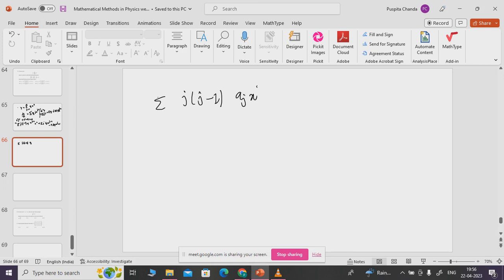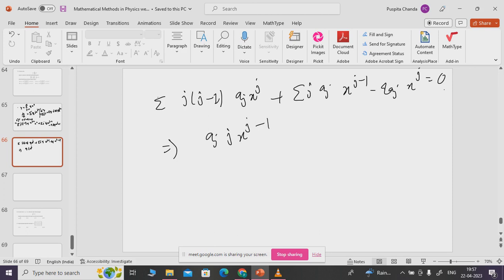So it is j into j minus 1 aj x j plus j aj x j minus 1 minus 4 aj x j is equal to 0. So first we keep j on the left hand side, x to the power j minus 1 is equal to 4 minus j into j minus 1 aj x to the power j.